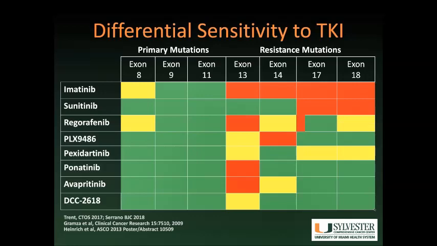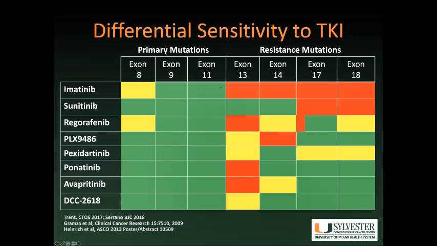Now, in this table I made, green means the drug is effective, red means it's ineffective. And so I'm just going to make a couple of simple points: all of these drugs are effective against the primary mutation, exon 11, exon 9. They all have activity there, but when resistance mutations occur, things change.